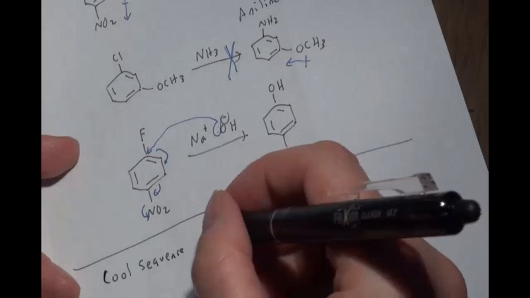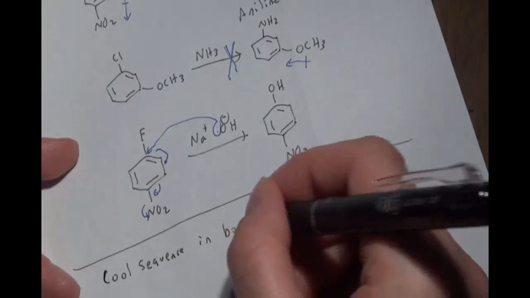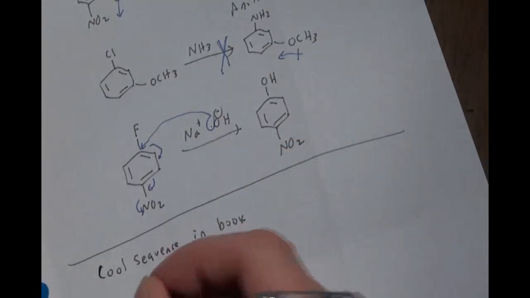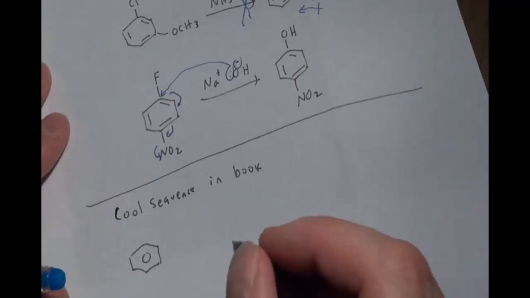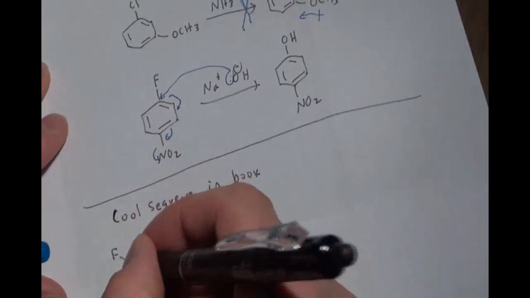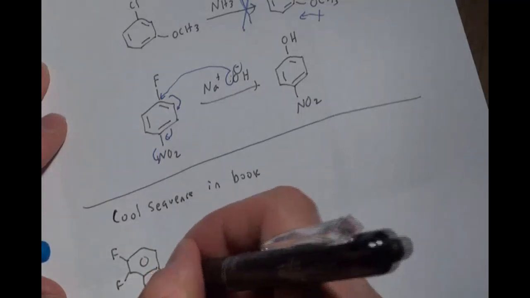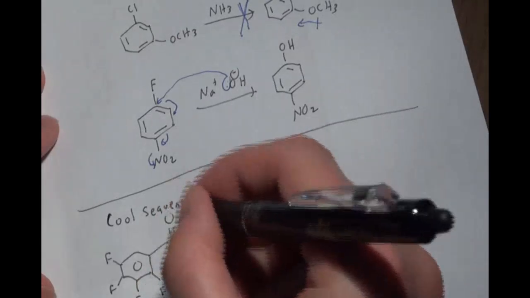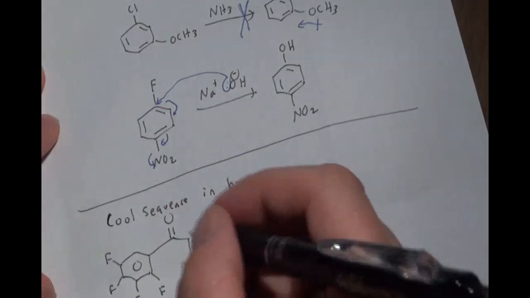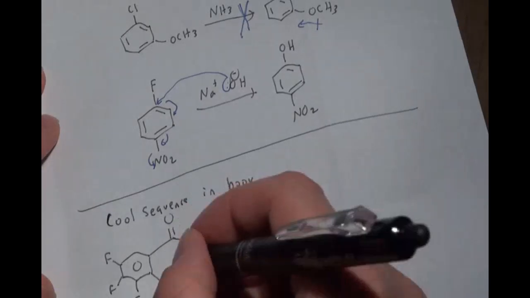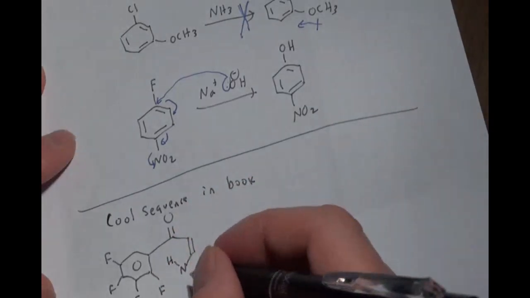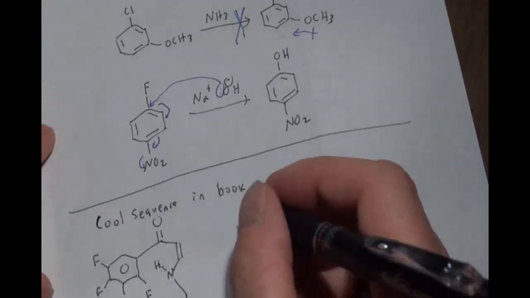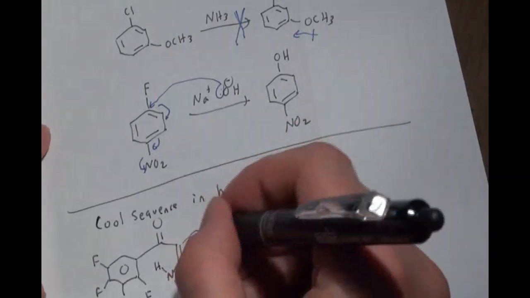There's a cool sequence in the book. I'm not going to actually step through it, I'll just show the broad outline. We have a benzene, we have 4 fluorines, a ketone, alkene, amine, 2 carbons in an alcohol, and an ester.